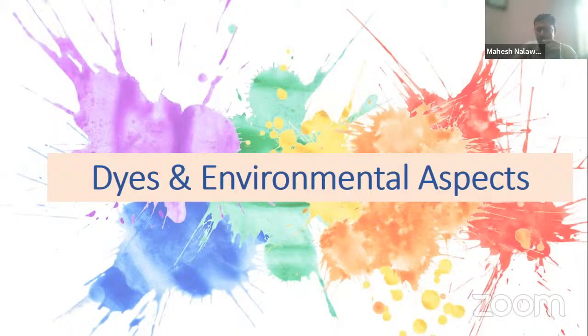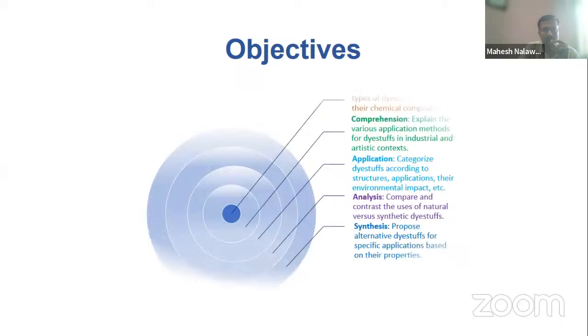In my presentation, at the very beginning, I have set 5 objectives from the student point of view, which will be evaluated on the basis of Bloom's taxonomy to gauge the understanding of the subject, and which will then also be evaluated in terms of the outcome.